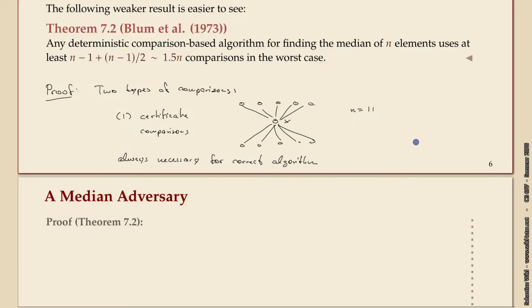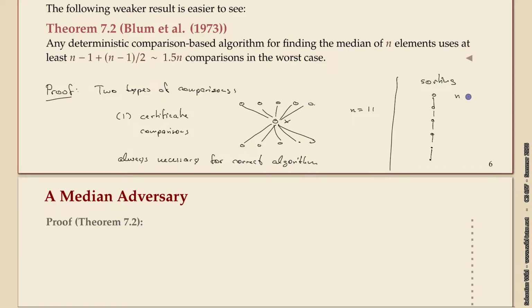If you think about it, what this was for sorting, you can also make the case, if you want to sort a bunch of elements, you have to learn which one's bigger than the others. So you have to arrange them in some linear order. That's the largest, second, smallest, blah, blah, blah, down to the smallest.